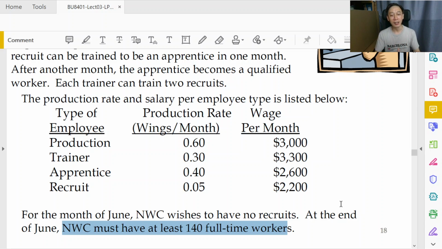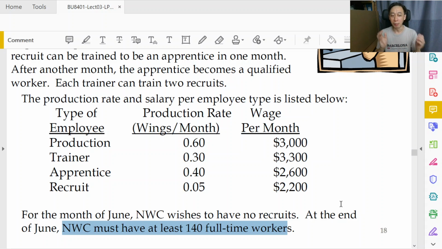Here it is at the end of the 3-month planning horizon, we must have at least 140 workers. One is money, one is workers, but whether it is an amount of dollars or a quantity of workers, at least 10 million, at least 140, it is the same translation. So we can do the same thing.